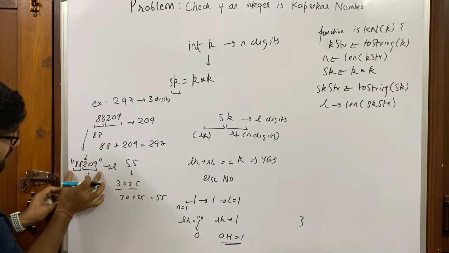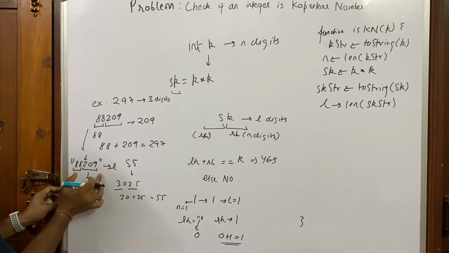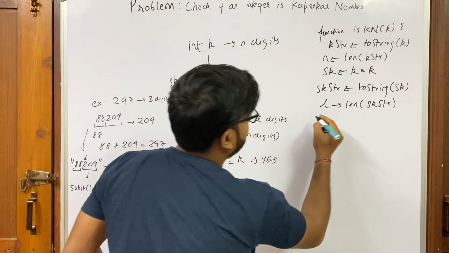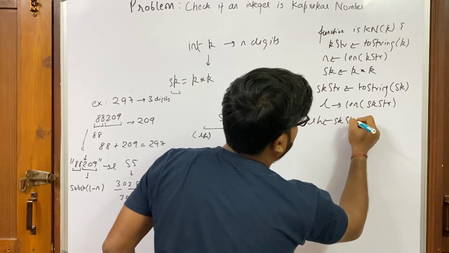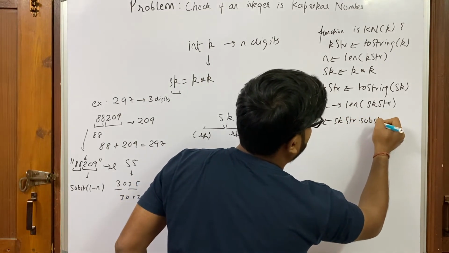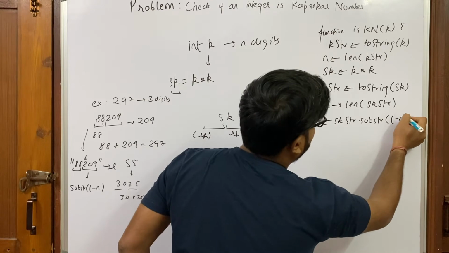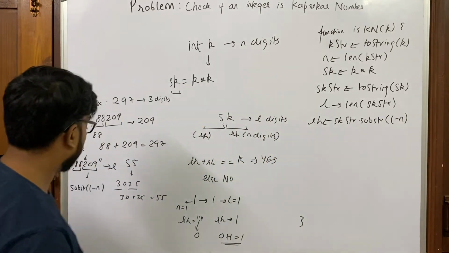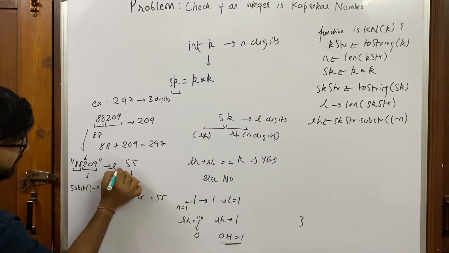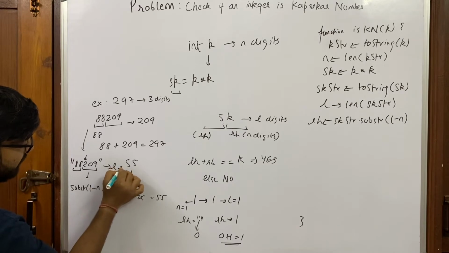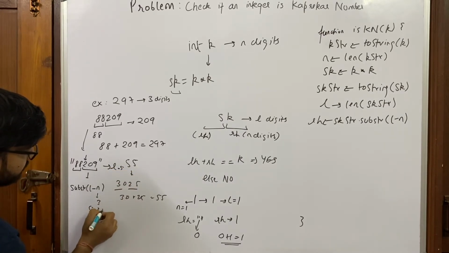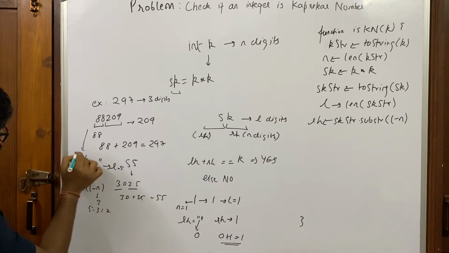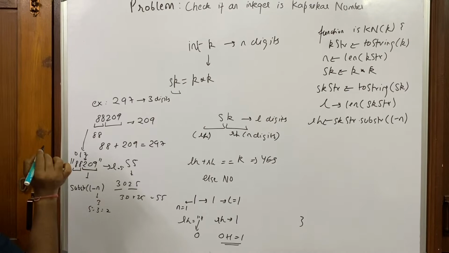That is, from this length, remove n and then give me that substring. So you can say the right half is sqkstr.substr starting from L minus n till the end. In this case L is 5 and n is 3, so 5 minus 3 is 2, so 0, 1, 2, you get the substring starting from here, so you get 209.